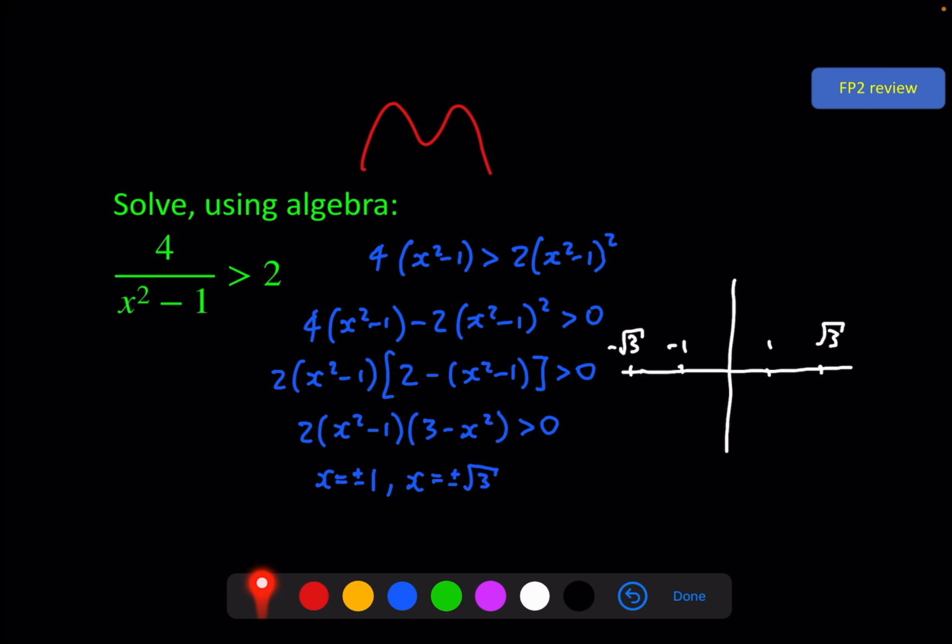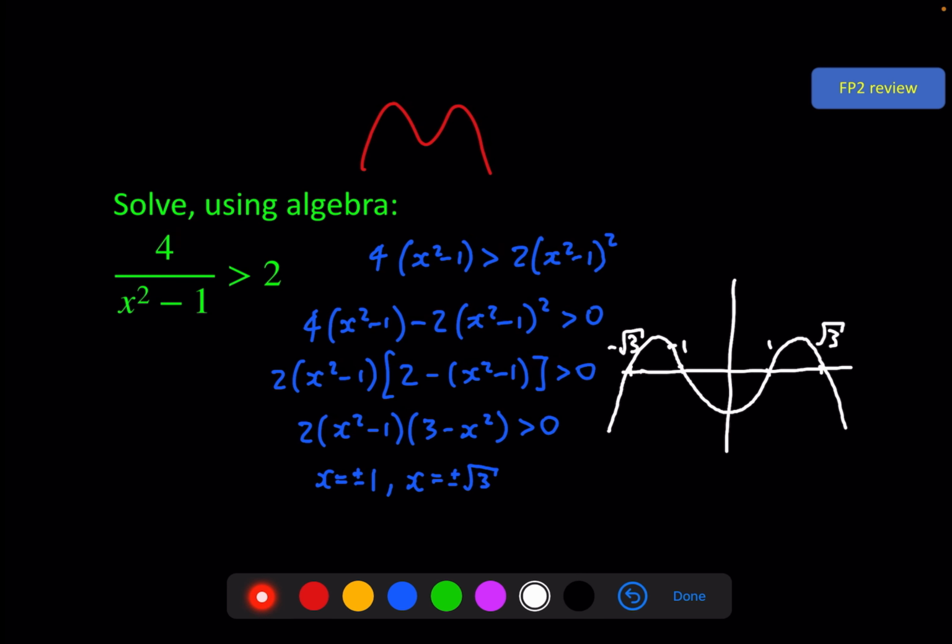If I wanted to, I could expand this out quickly to find the constant term where it intersects the y-axis, but because I know it has this general shape, I know it must start on the negative side because this will keep going down forever, so it must start on the negative side of the x-axis, which means it crosses like this. It doesn't really matter where it crosses the y-axis.